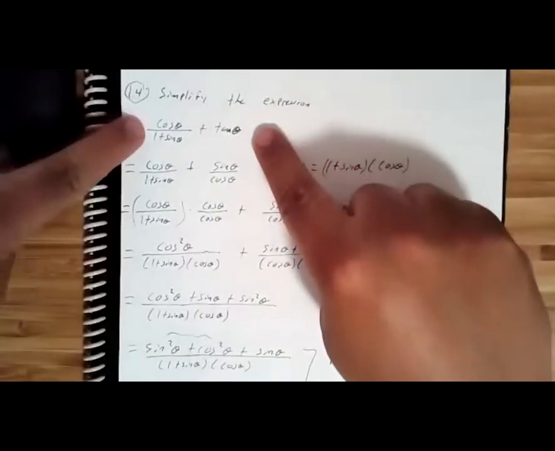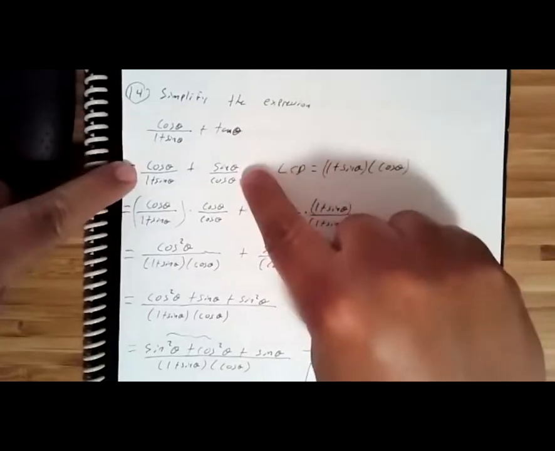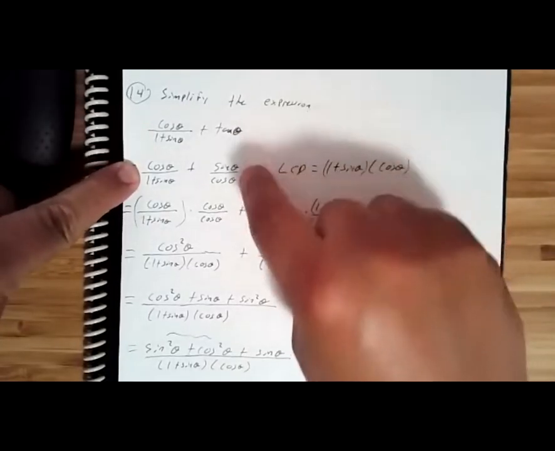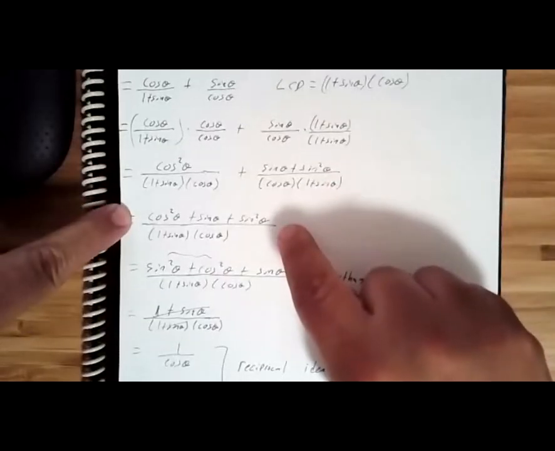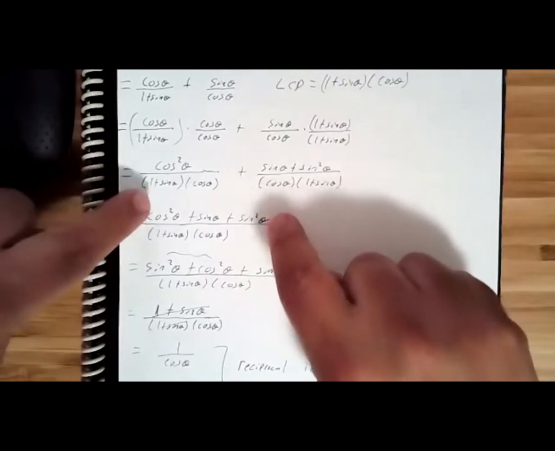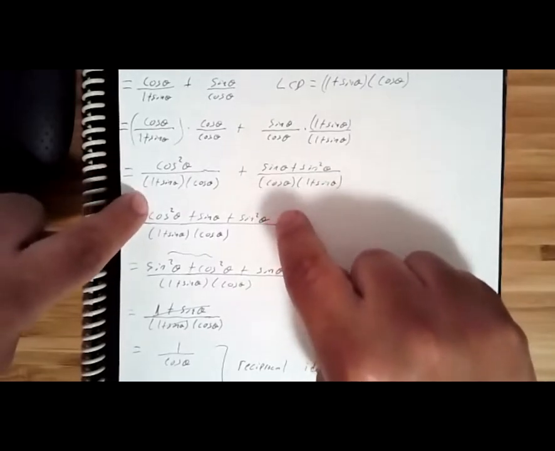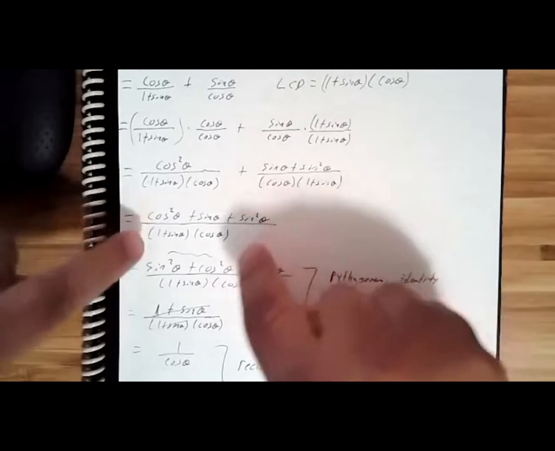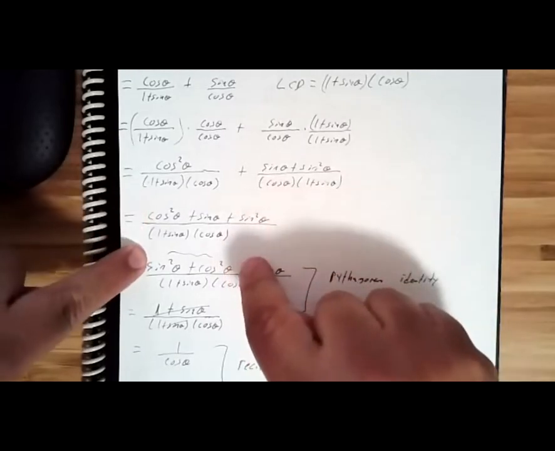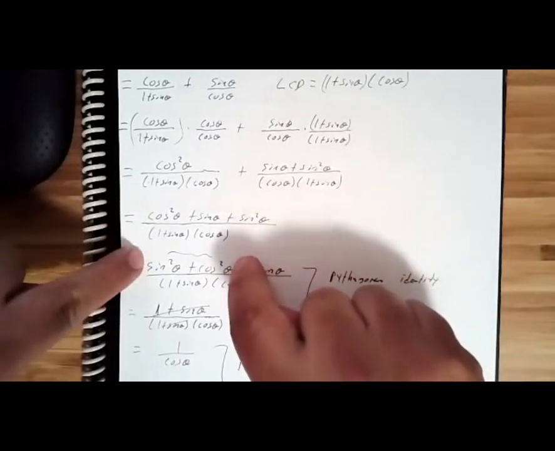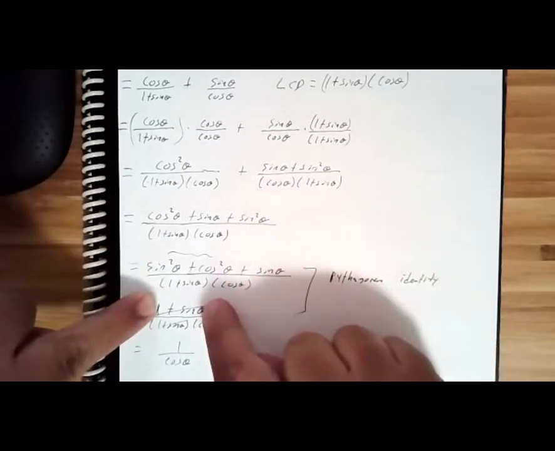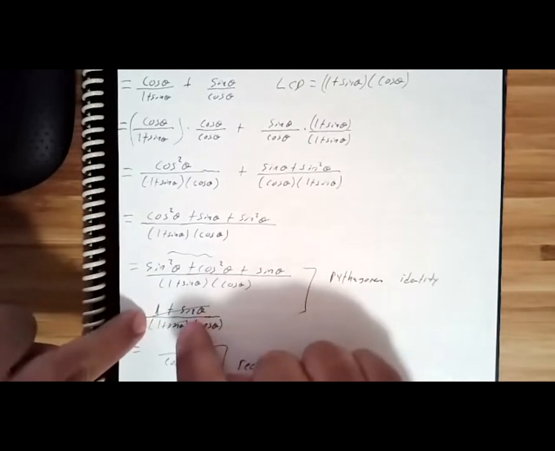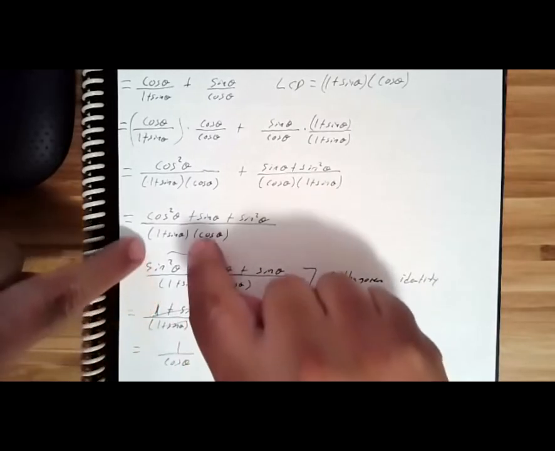So I recognize there's a fraction on the left here, but change the right one to a fraction as well, a ratio. Add them together with an LCD. Once I got here, I noticed sine squared plus cosine squared will turn into a 1 by the Pythagorean identity. So once I rewrote it just so you could see it better, this becomes a 1. So there's that 1 there. This 1 plus sine cancels with this 1 plus sine that was there the whole time, right at the bottom.